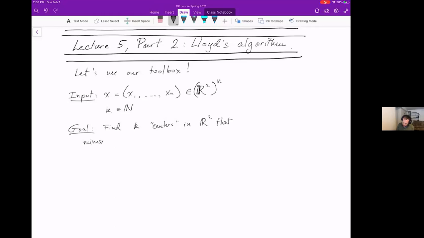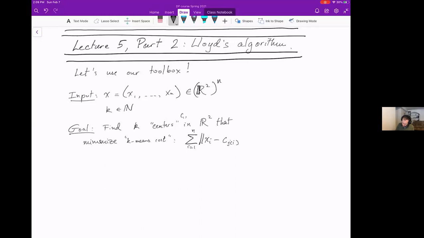They minimize what's called the k-means cost, which is the following thing. I'm going to sum up over points in my data set the distance between xi and the nearest of my cluster centers.